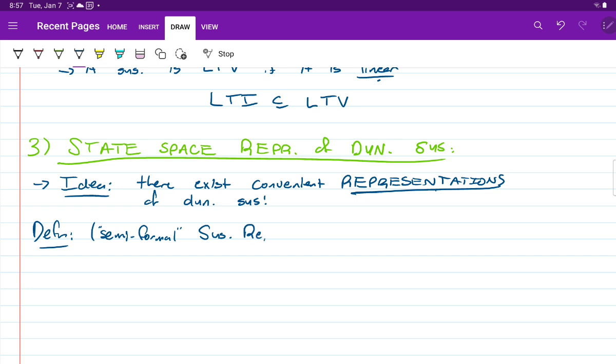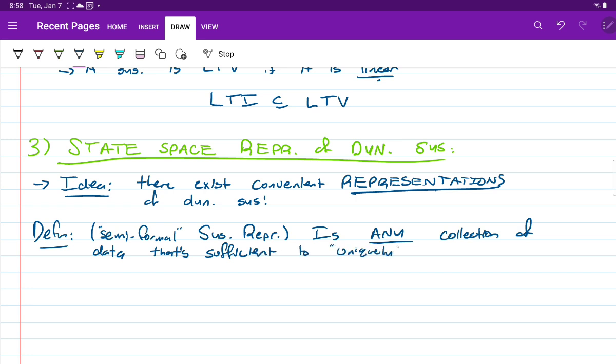system representation. All right. So what a system representation is, is any collection of data that's sufficient to uniquely determine an abstract dynamical system.